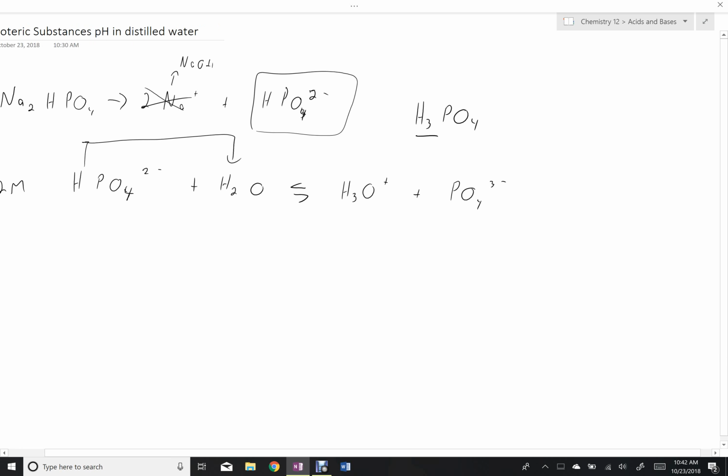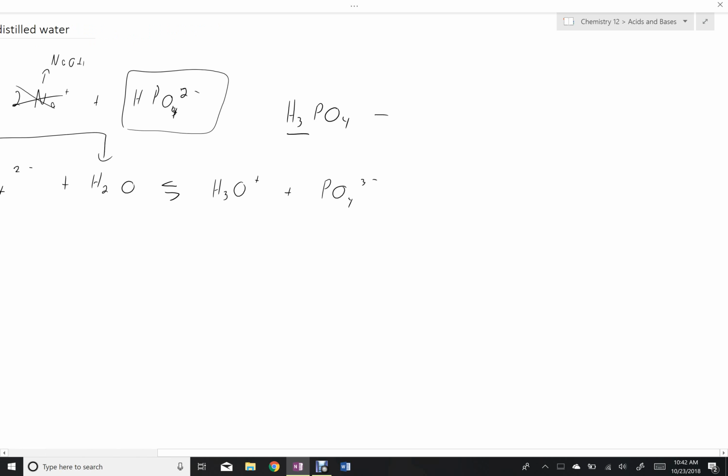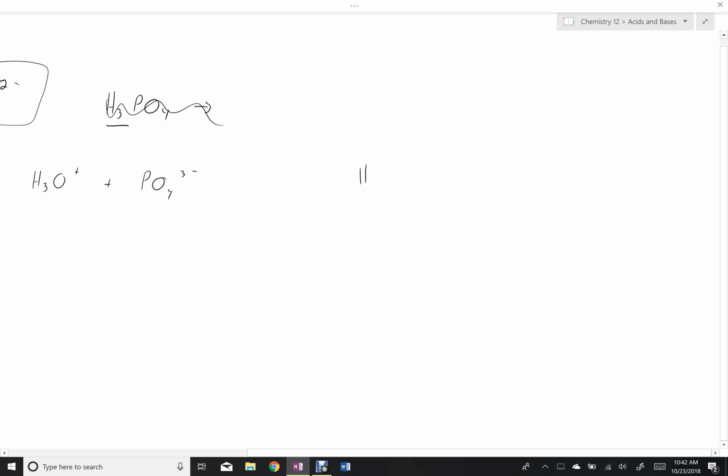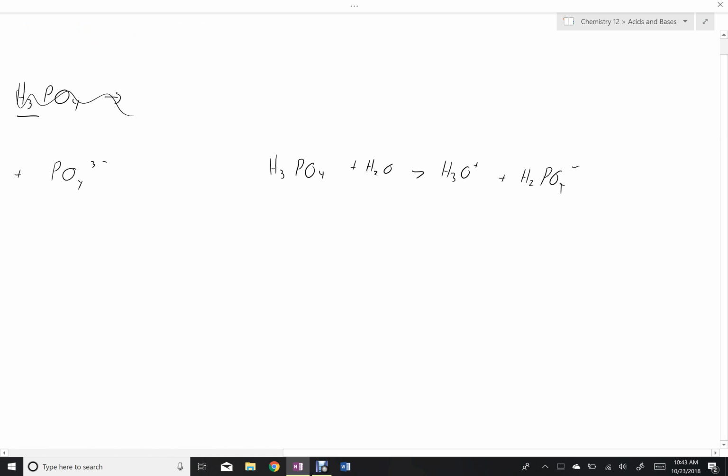Let me give myself a little more space and talk about this carefully. H3PO4 could react with water to produce H3O plus and H2PO4 minus. We would call that the first proton process, and that would get us our Ka1.